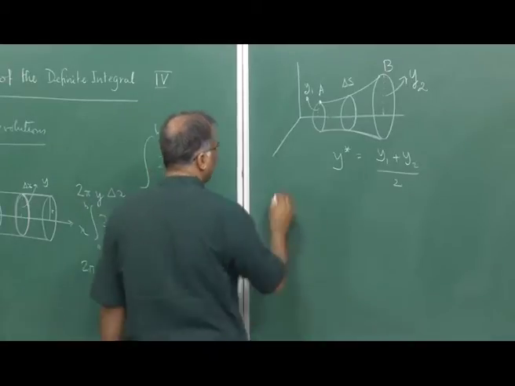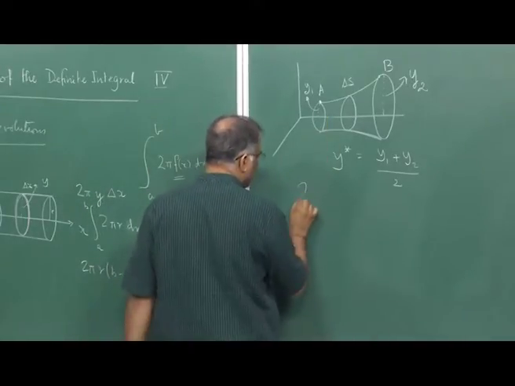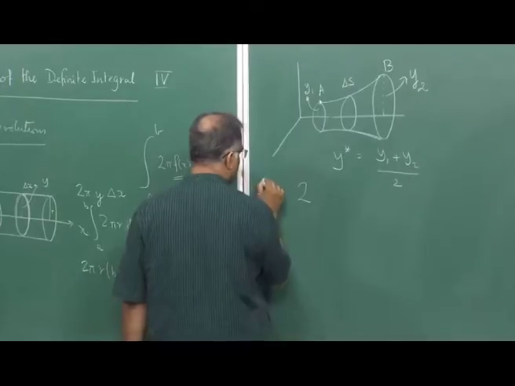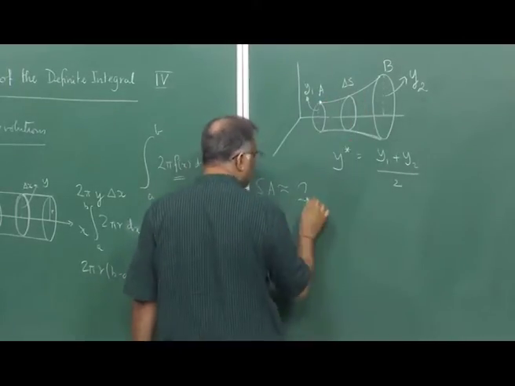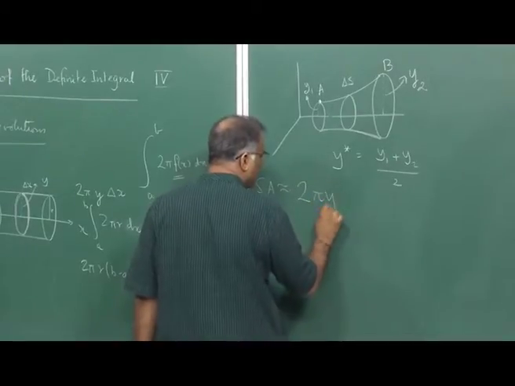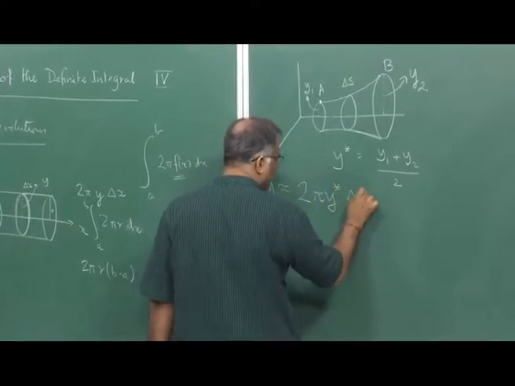And we say that the surface area of this frustum is more or less the same as 2 pi y star into del s.